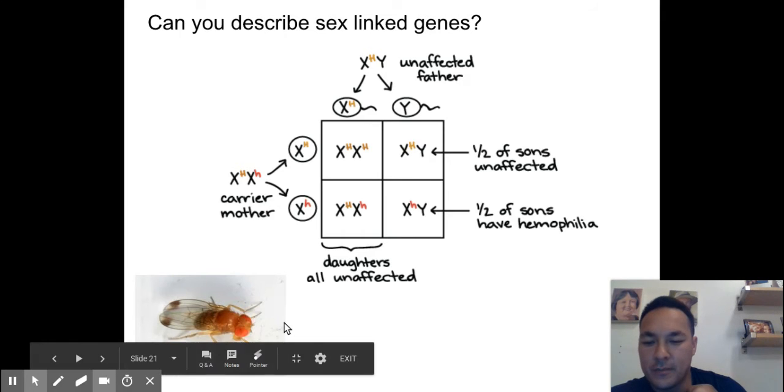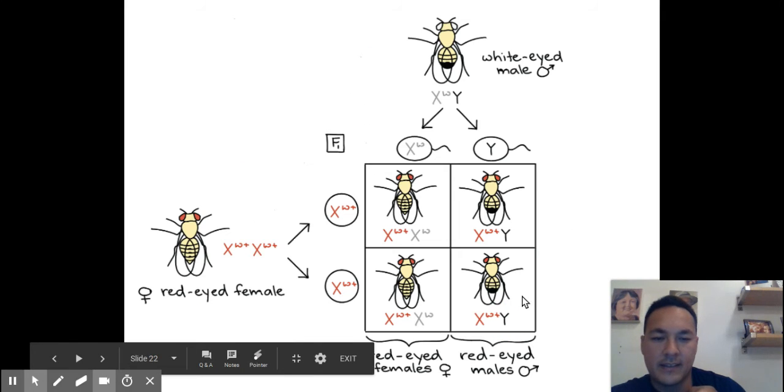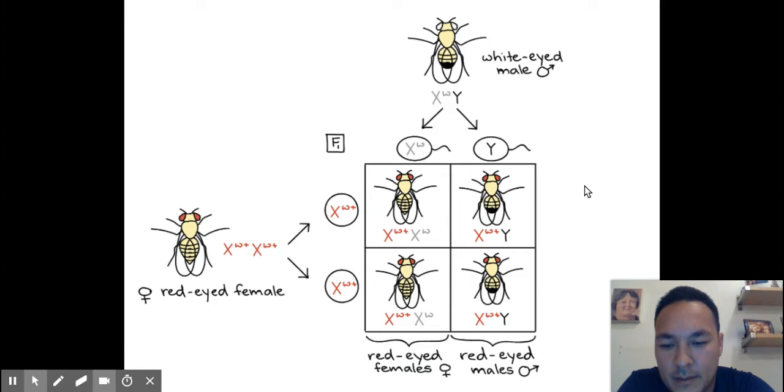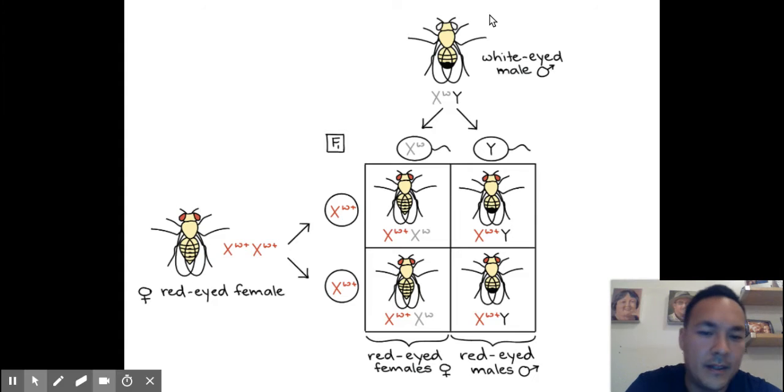It was also shown by fruit flies, which I think I have on the next slide, which I do. So for fruit flies, we use slightly different terminology. The W stands for white. The plus stands for the wild type, or what you see in the wild. So here, if we cross a red-eyed female and a white-eyed male, we're going to get red-eyed female, red-eyed female, red-eyed male, red-eyed male.